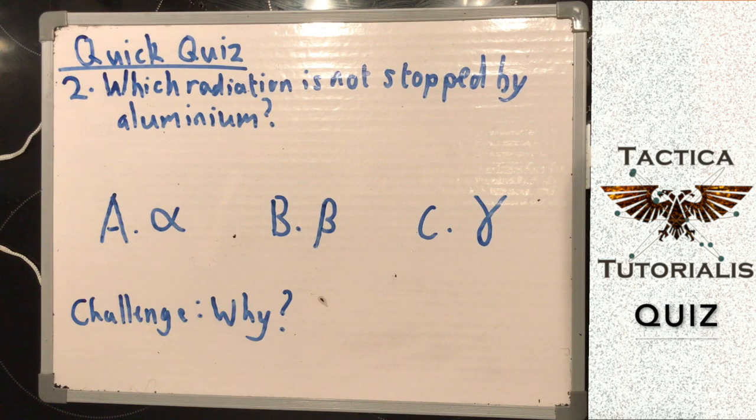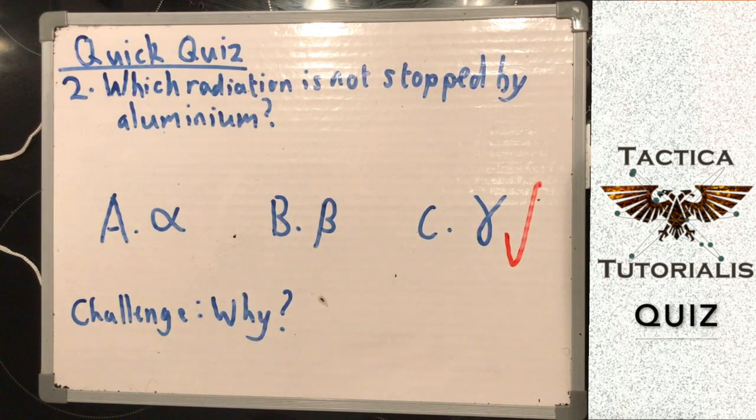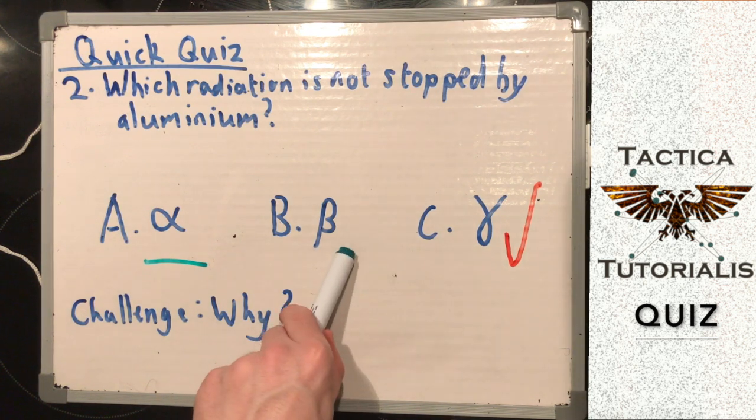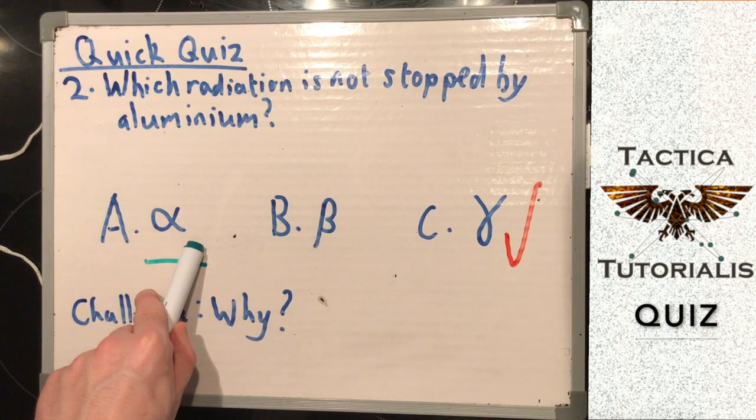All right, hopefully you paused the video and got yourselves an answer. The answer is gamma radiation. Now, there may be a few of you who might have said alpha because you've got in your heads, oh, beta is stopped by aluminium, so alpha isn't?